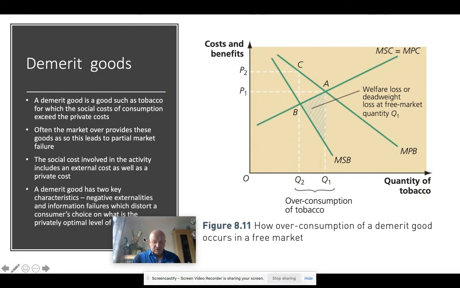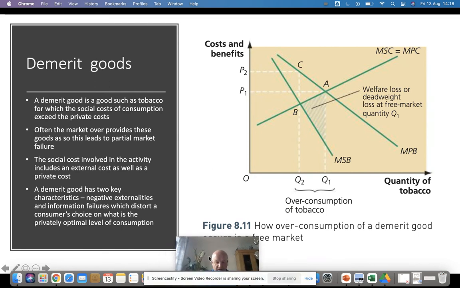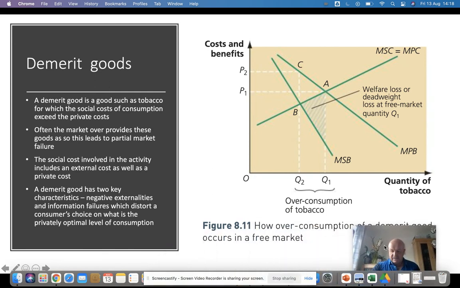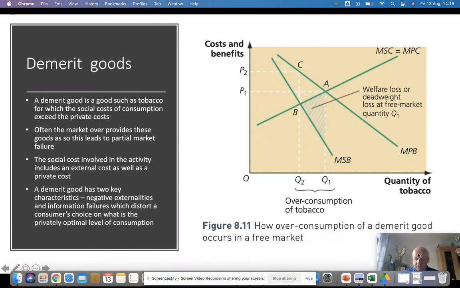And in this scenario, the demerit good has two characteristics: negative externalities and information failure, which again can distort the consumer's choice on what should be the optimal level of consumption. That's probably not helped by the producers producing at a higher level.